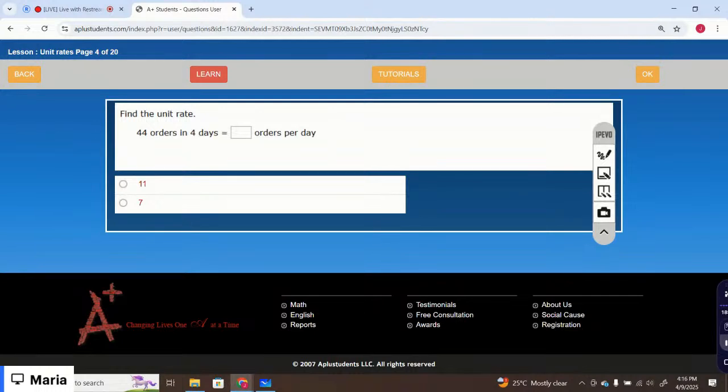Find the unit rate. 44 orders in 4 days. So how many orders per day? That is 11 orders per day. Option number one is the correct option.